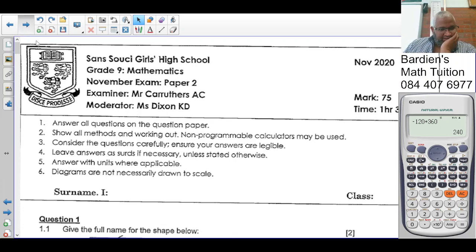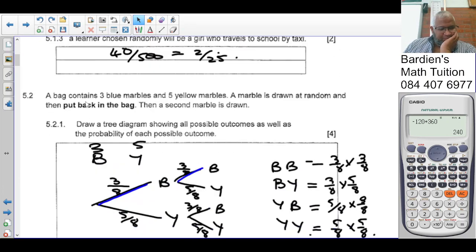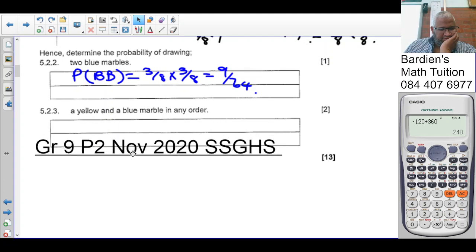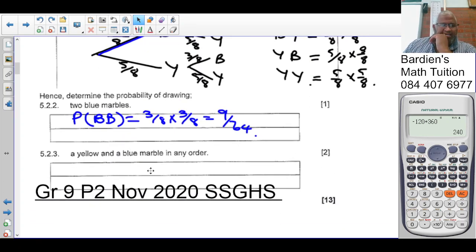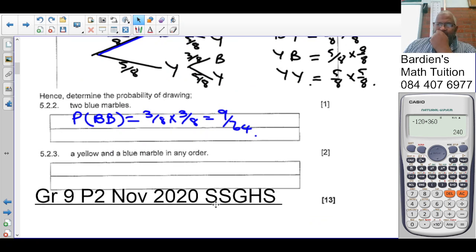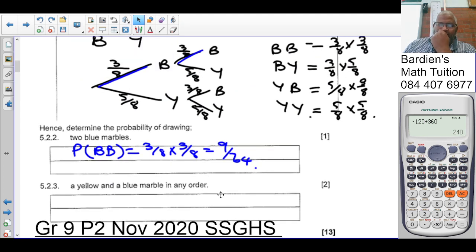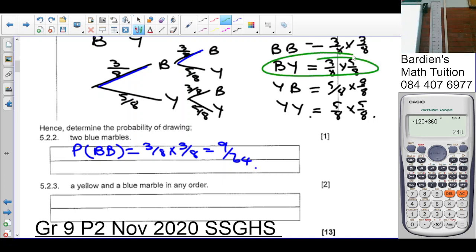So we got up until question 5.2.3. The question says a yellow and blue marble in any order. So yellow and blue is that one there and that one. So the probability of yellow and blue plus the probability of blue and yellow.